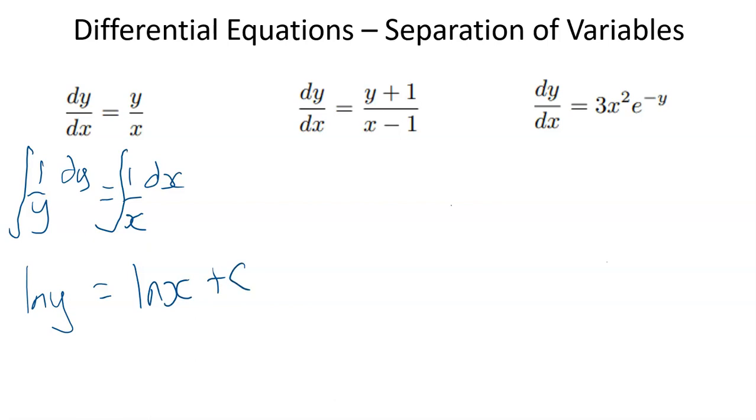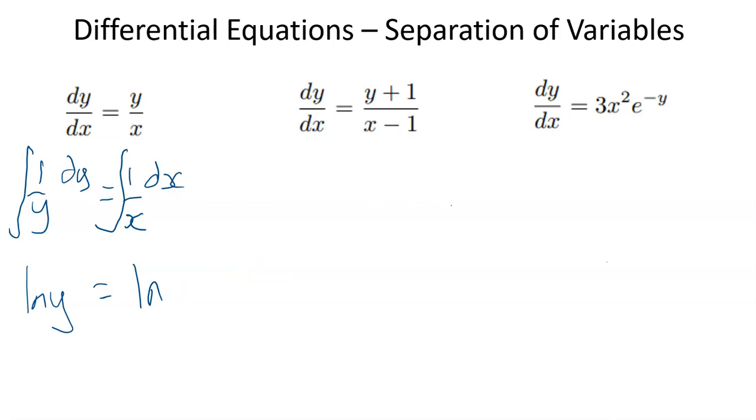But of course we don't need to have this written in logs. We could write it in a different way. If we said that this constant was part of the log, we could say that this was plus log c. It doesn't matter how we define c, it's just adding on a number, and log c is a number as well, in which case we can add these together, and when you add logs together you multiply the variables.